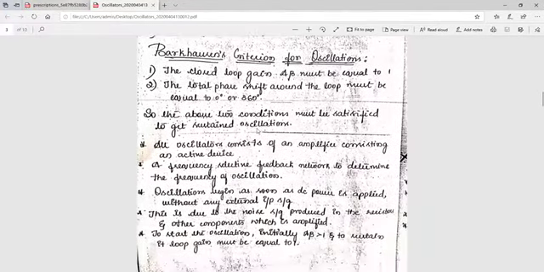Now coming to the major part of these oscillators: the entire chapter on oscillators revolves around these two points which we see.